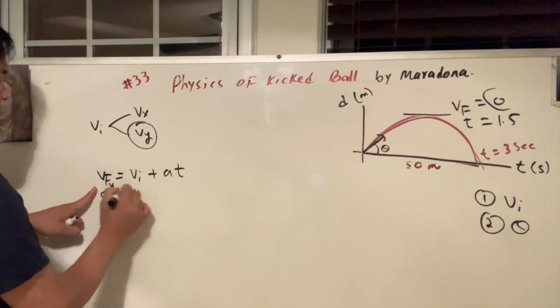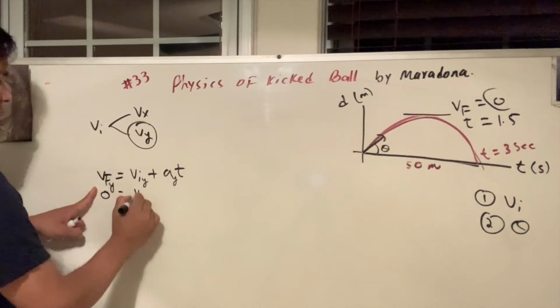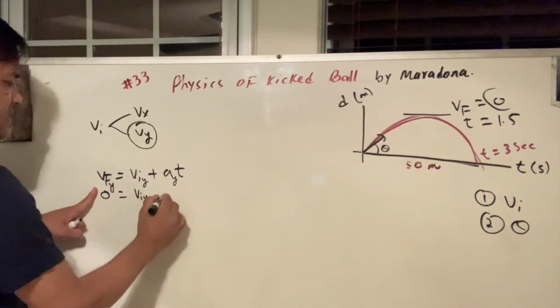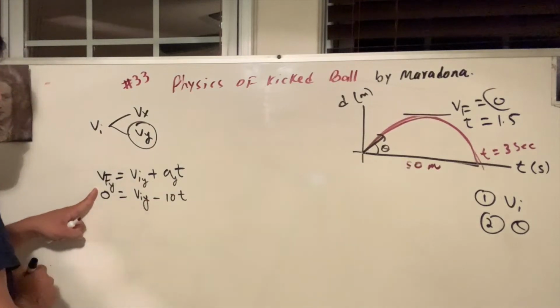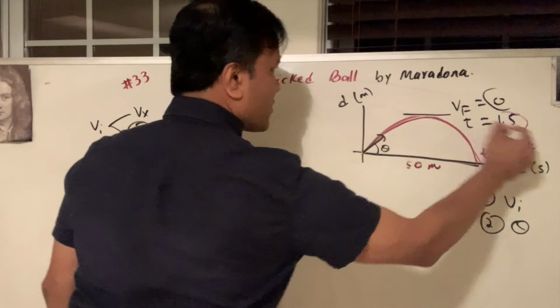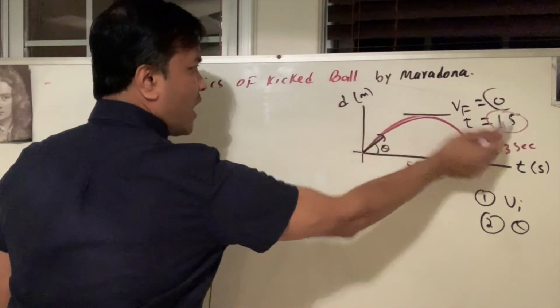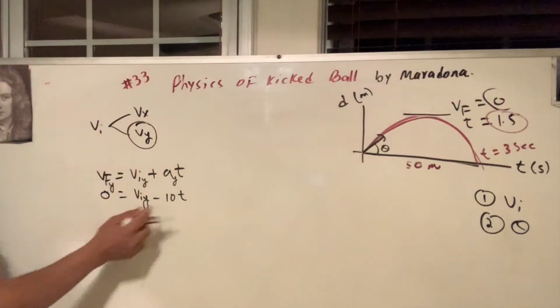So this is y, this is y, this is y. Then 0 equals Viy minus 10t. Now t is not 3, t is 1.5, because t is 1.5 when Vy is 0.